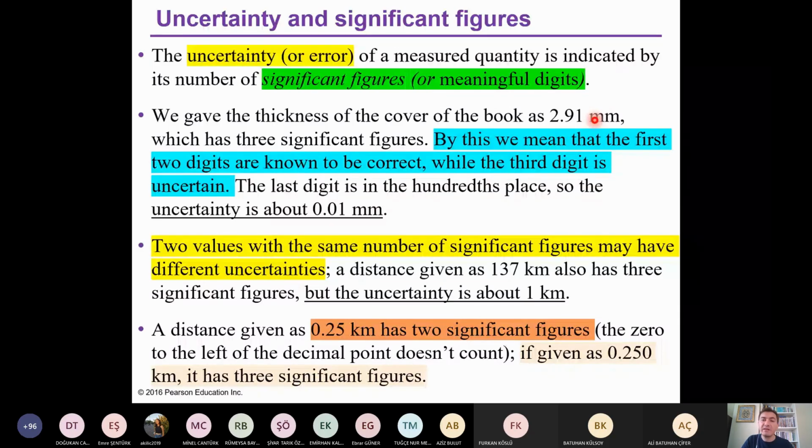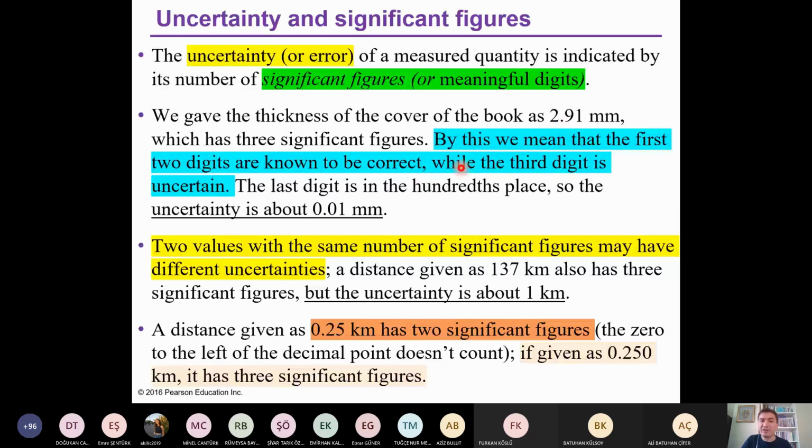So you say that accuracy is given by 3 digits, 291. So we have 3 significant figures. Okay, with this we mean that the first 2 digits are known to be correct. So this one, 2.9 millimeter, while the third digit is uncertain. Okay, so the accuracy of the third digit is not so good as this one's.